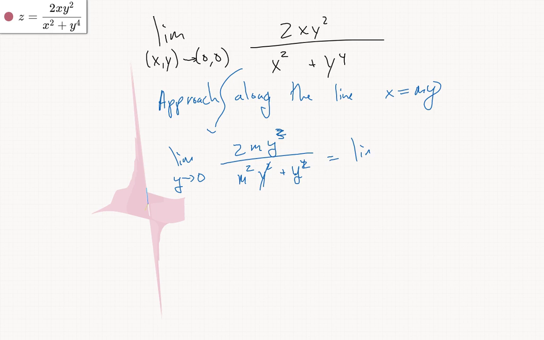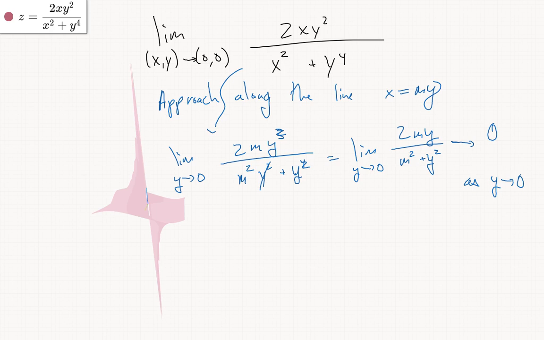So this becomes the limit as y goes to 0 of 2my over (m squared plus y squared), and that goes to 0 as y goes to 0. So we get the same limit no matter which line we use.